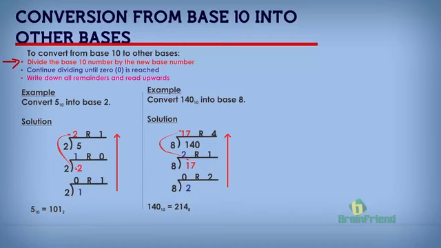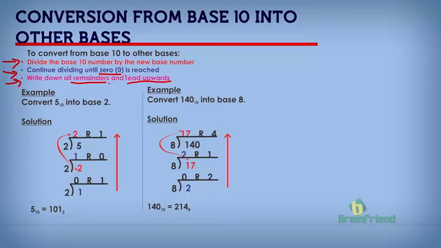Next, continue dividing until 0 is reached. And finally, write down all the remainders. We are concerned mostly about our remainders in this case, but read them upwards, that is from down upwards.